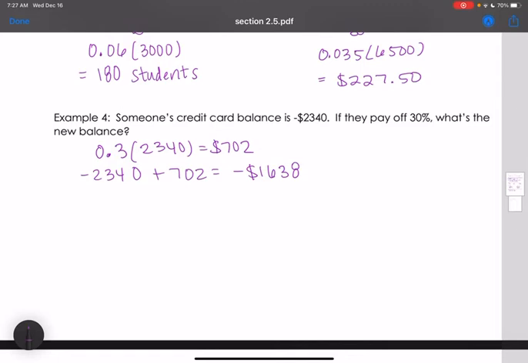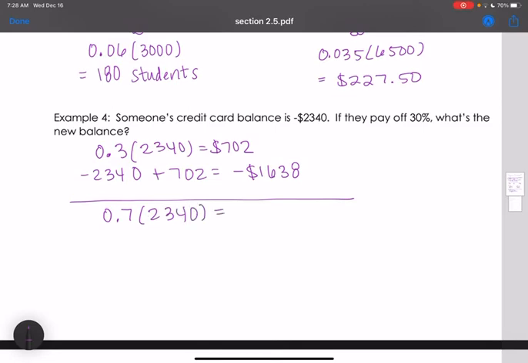So that's great. The second way some other people come up with, I like, it's really nice. Let me draw a line. So if they pay off 30%, what is remaining, right? So it's 100%, right? So if they pay off 30%, what's remaining is 70%, right? So all you would need is these 70%, so 0.7 times that balance.